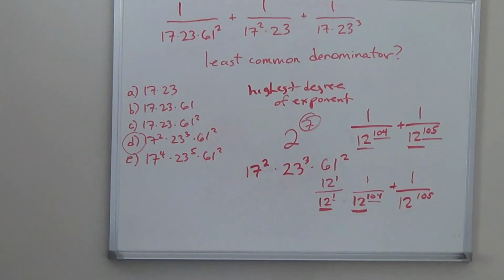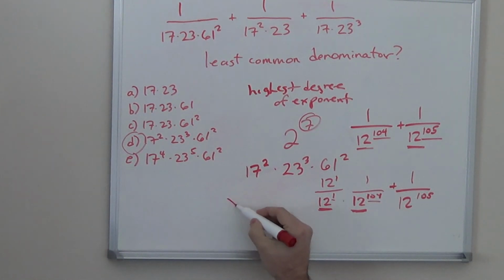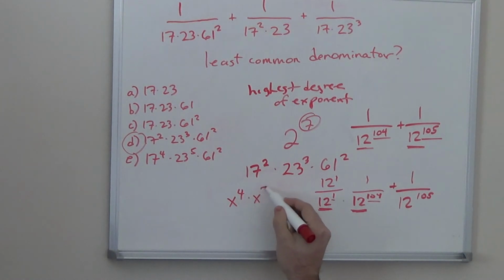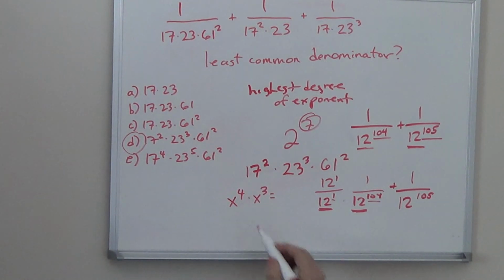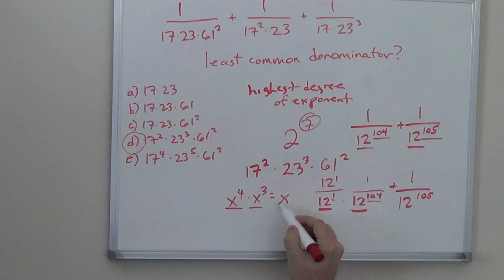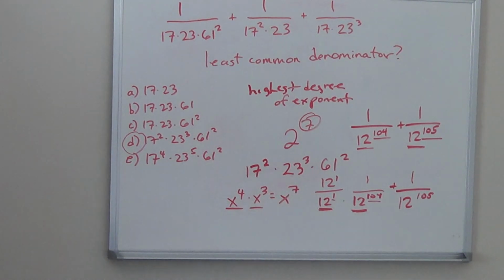Oh, that's a 1 there. I always add the exponents. Go back to what you know. When you do something like this, the x stays with us always, and we simply just add the exponents. So in this case, there's your common denominator, and really this would just be 12 times 1 is 12, plus 1 is 13, so it would really just be 13 over that 12 to the 105 power.